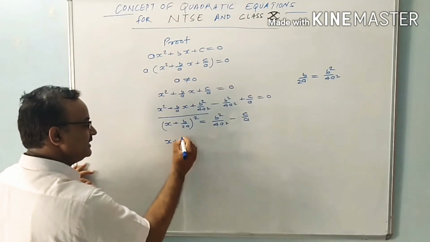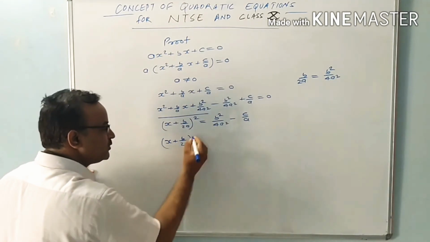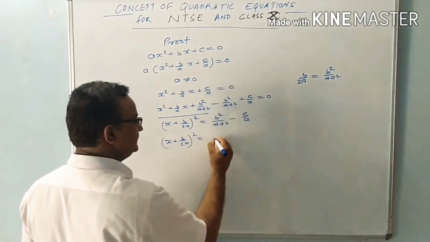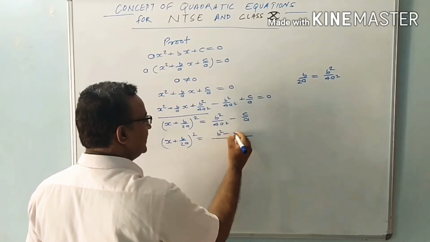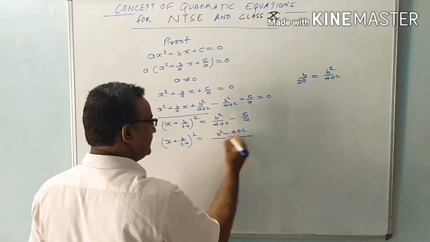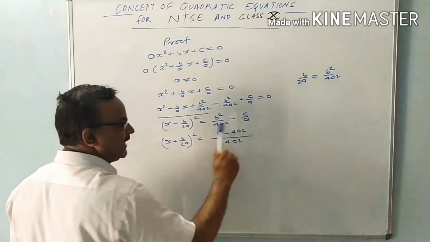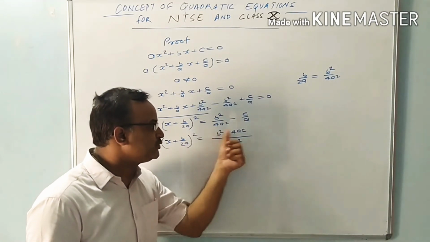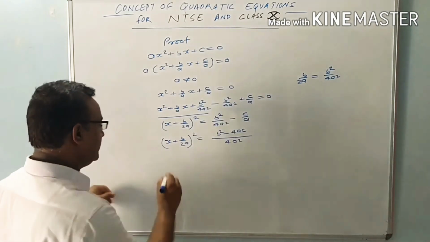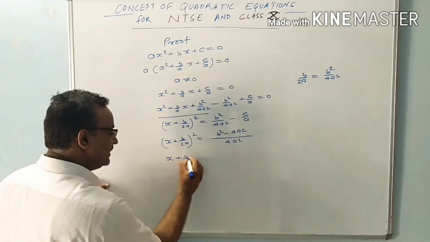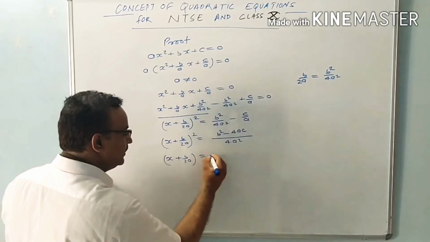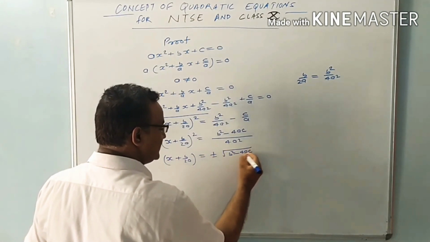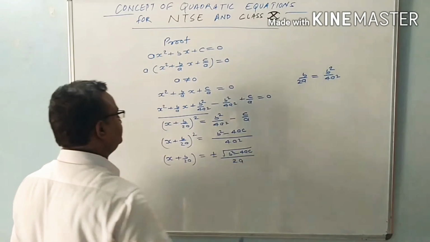So x plus b by 2a whole square is equal to, we can write, b square minus 4ac by 4a square. When we take the LCM of 4a square and a, it is 4a square, and when we solve it, it is b square minus 4ac by 4a square. Now we'll write x plus b by 2a is equal to plus minus square root of b square minus 4ac by 2a.